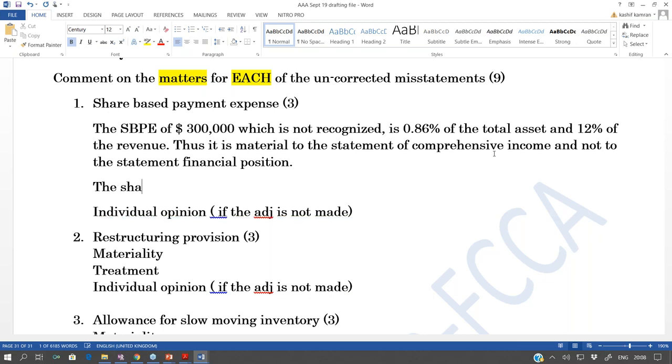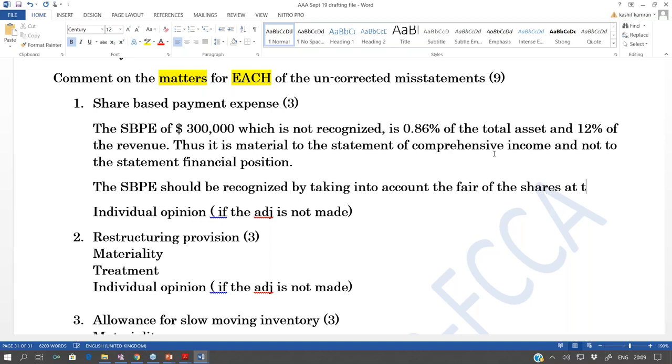The share-based payment expense should be recognized each year, and I'm assuming that you read the question.